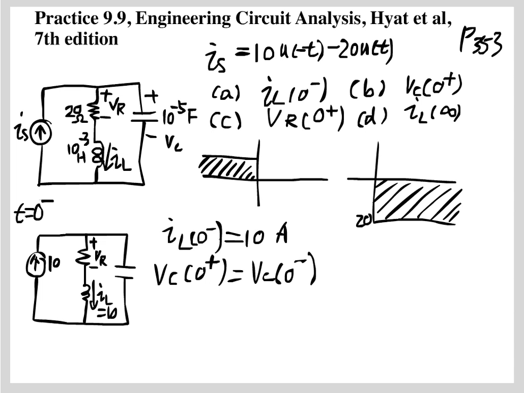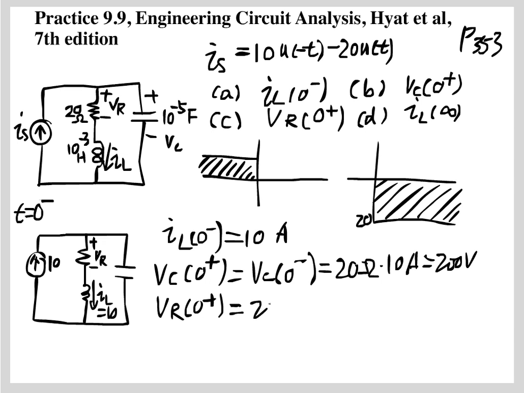Okay. VC at 0 plus has to be equal to VC at 0 minus, because the voltage across the capacitor does not change. So VC at 0 minus is R, which is 20 ohm, times a 10 amp current. So it's equal to 200 volts.